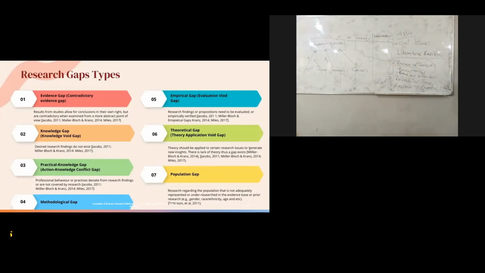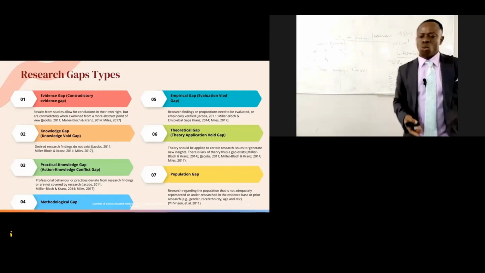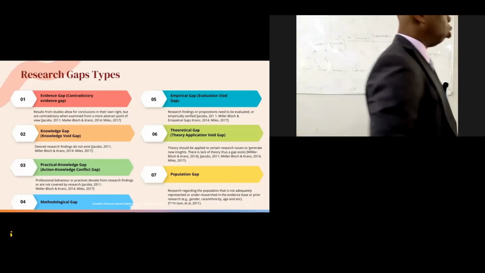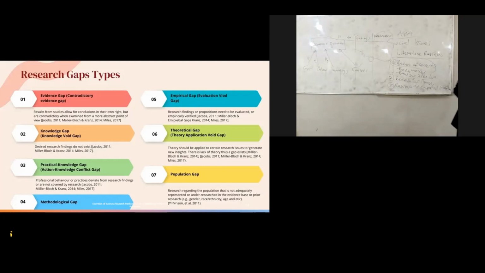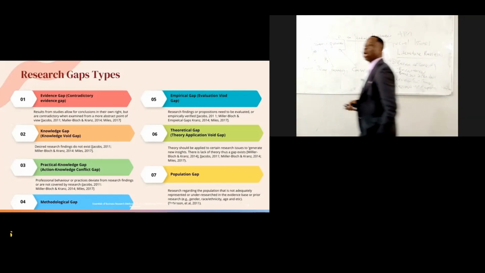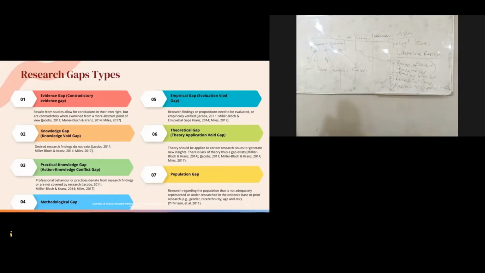Then we can have an empirical gap, in which case you are saying that so far, when we look at the issues under study, not much has been done in a particular area, or some evidence provided, I'm not satisfied with that evidence that has been provided. So I'm also doing an empirical study.